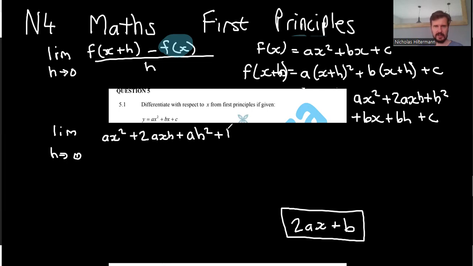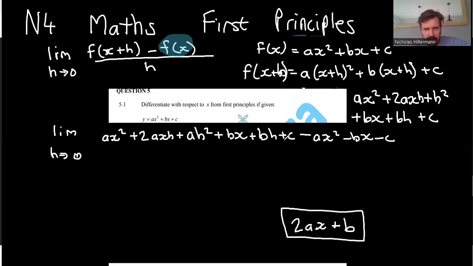Plus bx plus bh plus c minus my f of x, ax squared. I'm going to minus the bx.